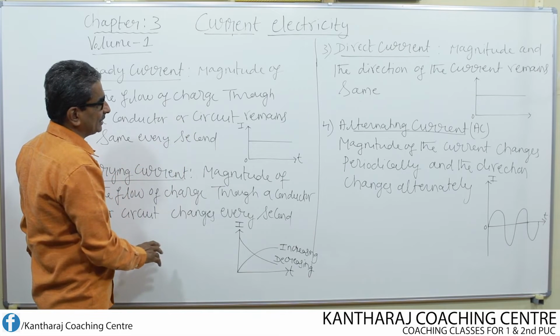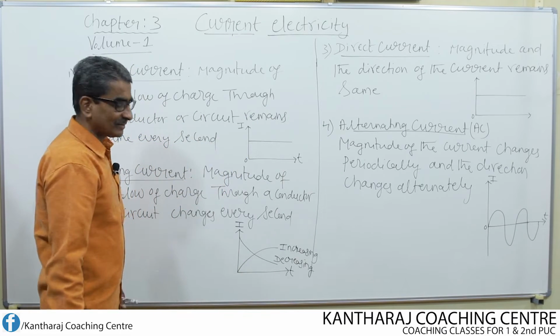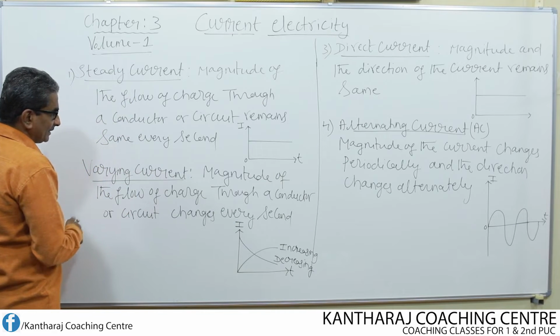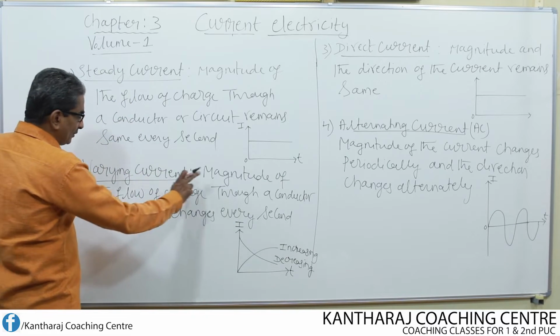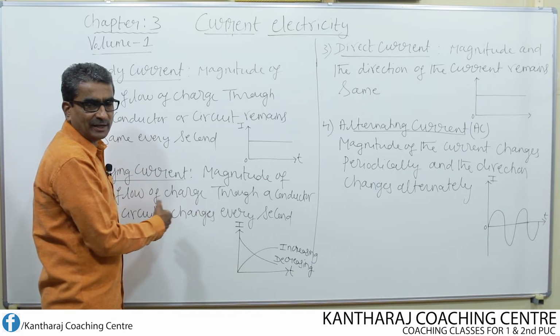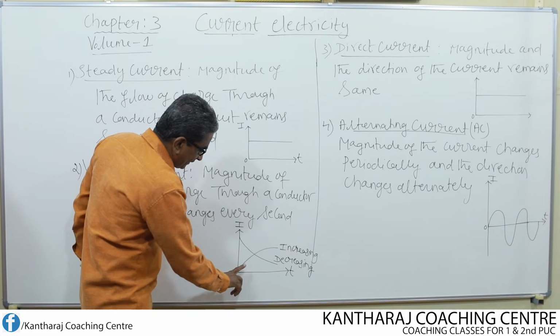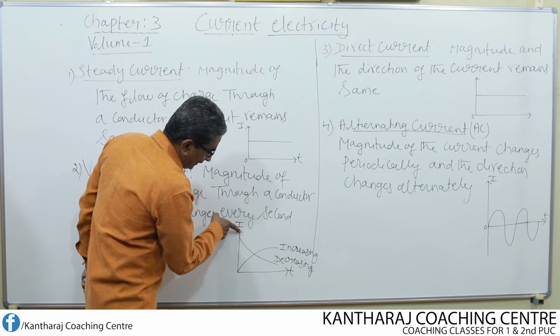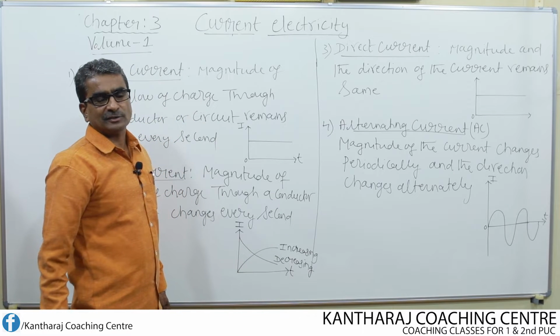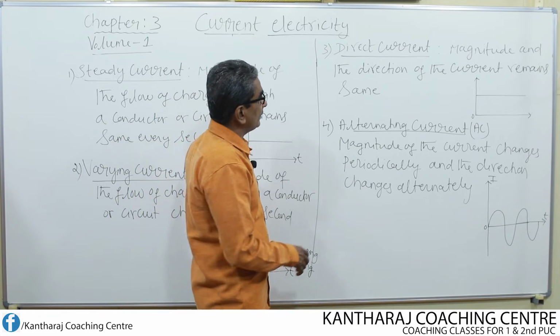If that's the situation, it always gives rise to a steady, constant current. Varying current: the magnitude of the flow of the charge through a conductor, a wire or a circuit, changes every second. It can change either in an increasing way or in a decreasing manner. So that gives rise to varying current. Every second it keeps changing.